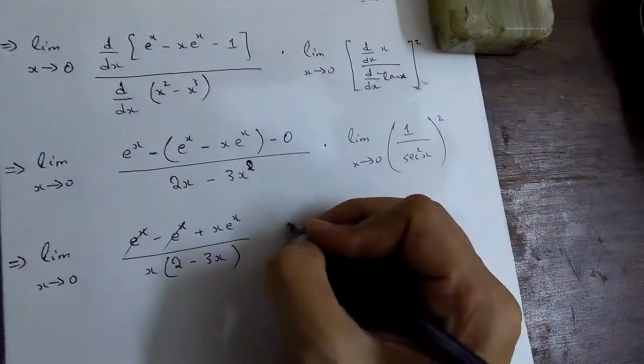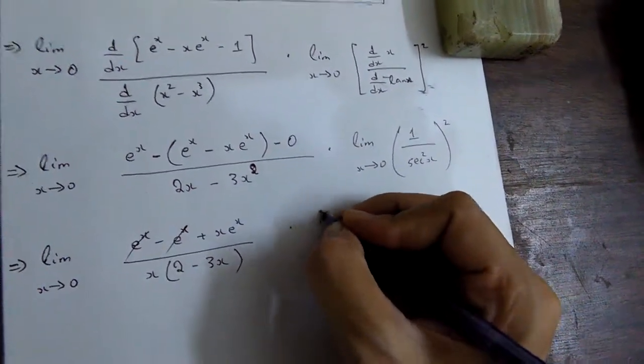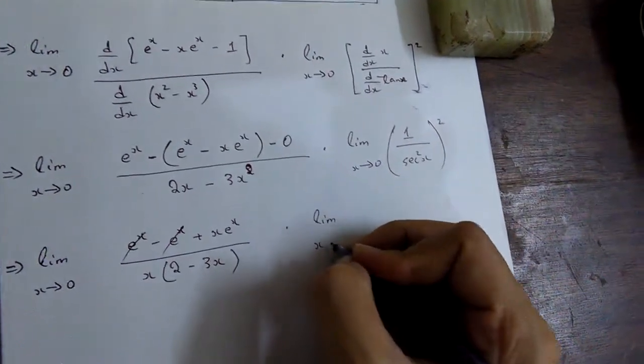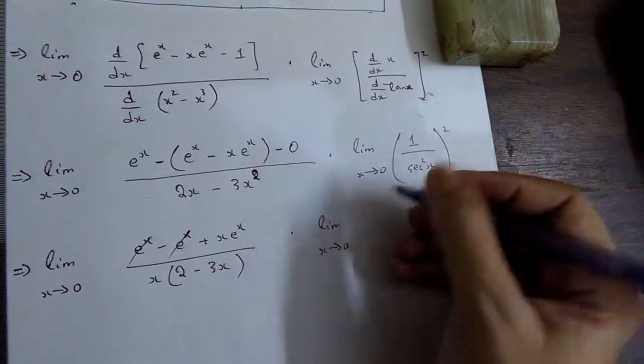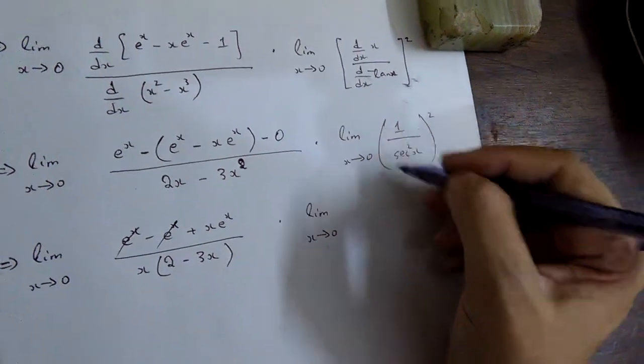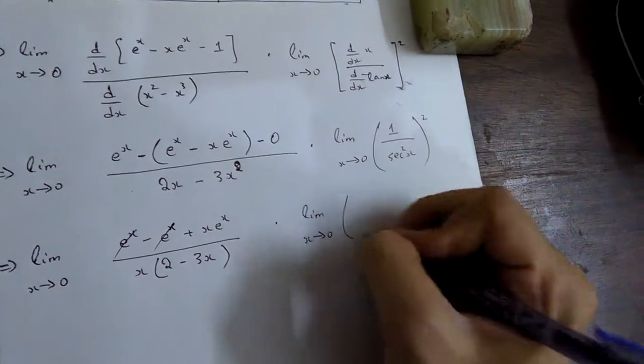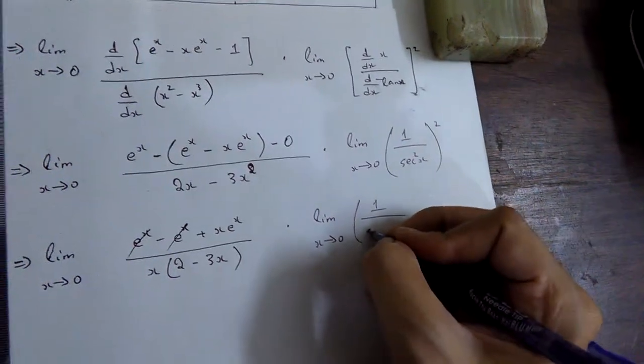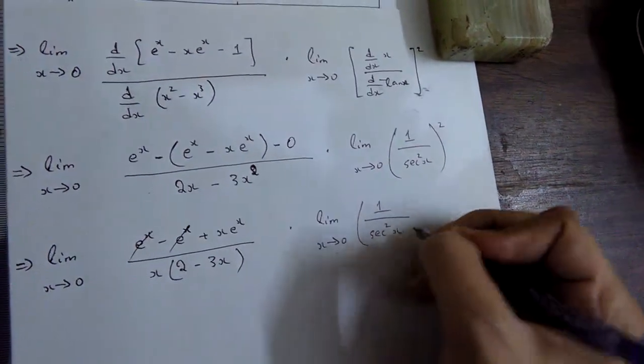This and this get cancelled. Now here you can see, though I haven't applied the limit yet, that once I apply the limit, I am going to have a unique answer. So in this portion, I'm no more going to apply my L'Hopital.